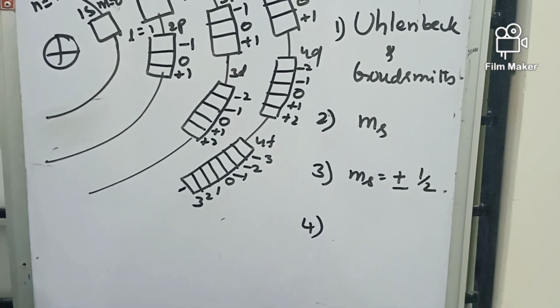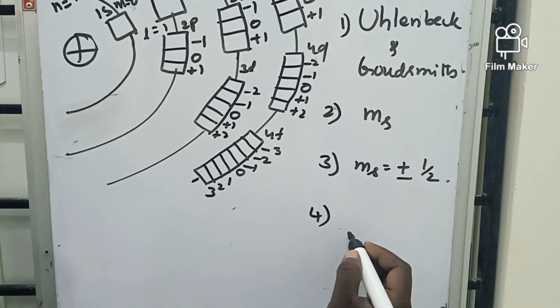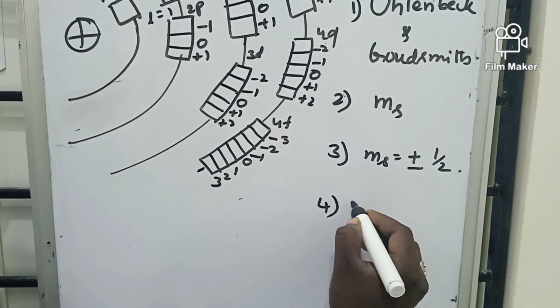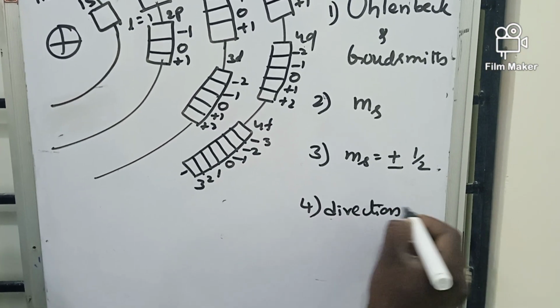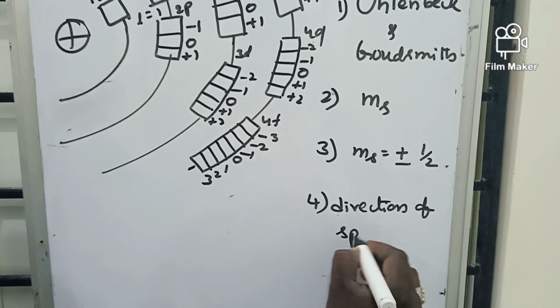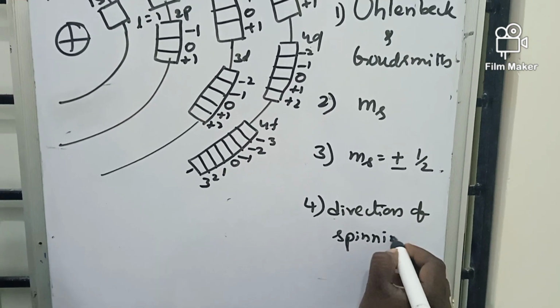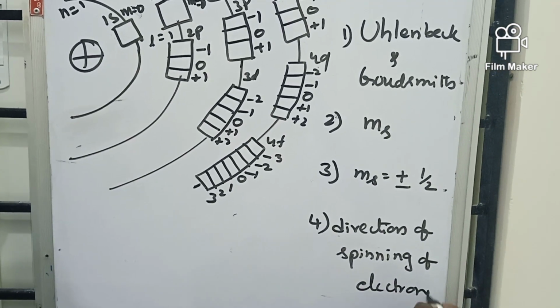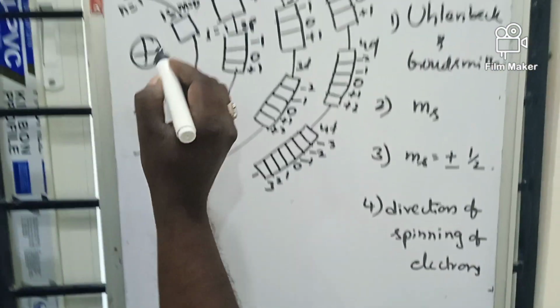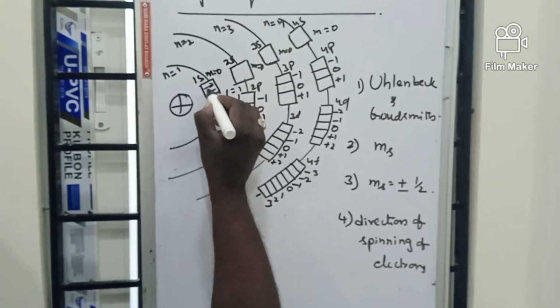It is used to know the direction of spinning of the electron, which means in each and every orbital 2 electrons will be there.